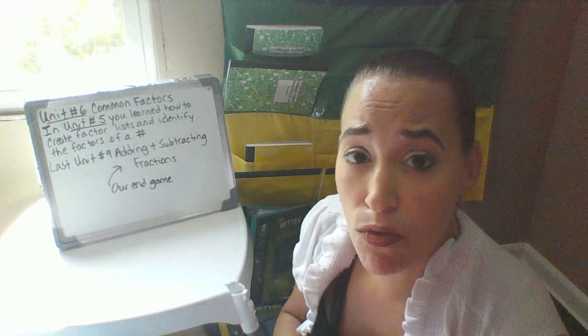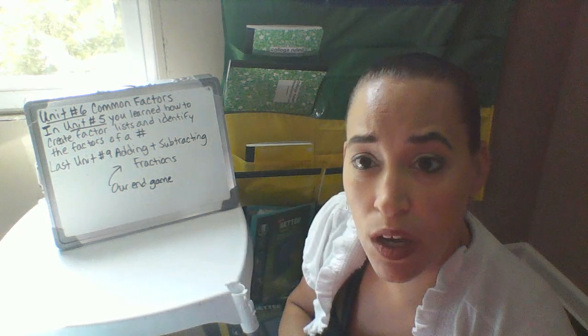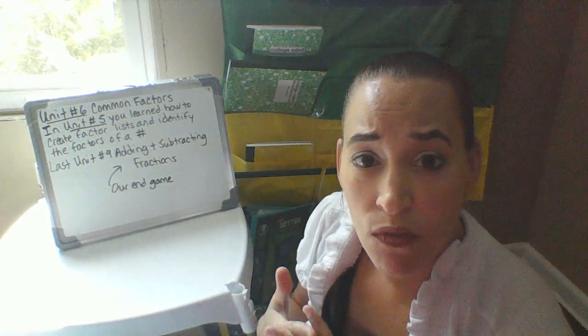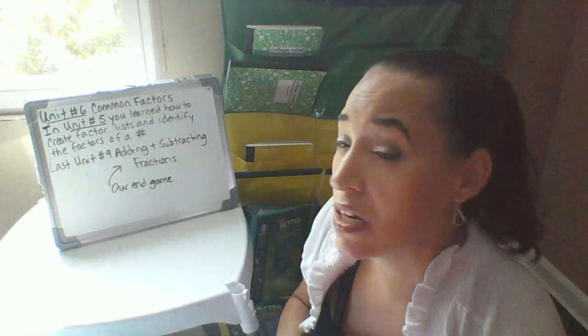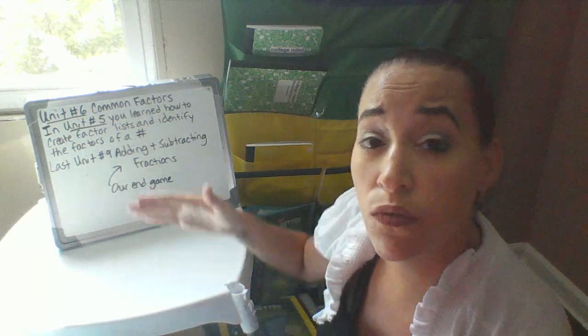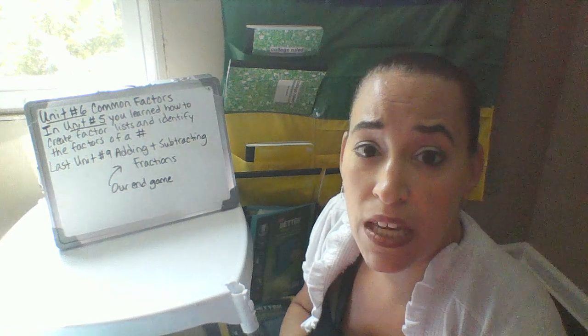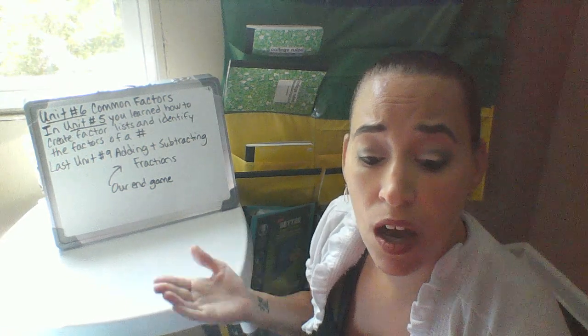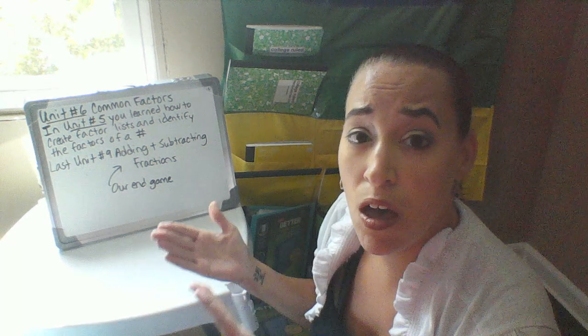So that is why we're going through all of these units and we're teaching you how to identify the factors of a number. And now I'm teaching you how to identify common factors between two numbers because you will need to eventually, by the end of the school year, be able to identify common factors between two numbers to create a common denominator so that you can add and subtract fractions.